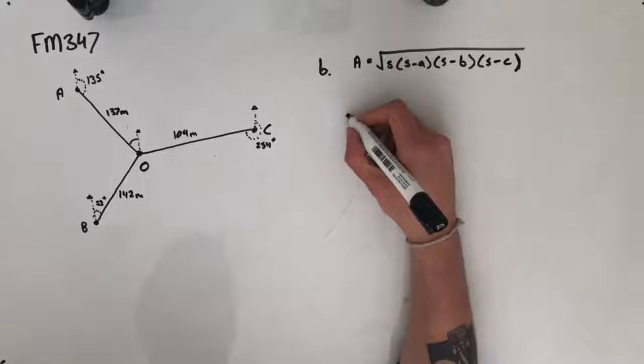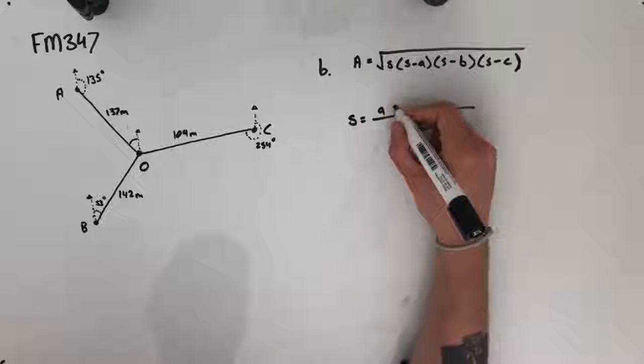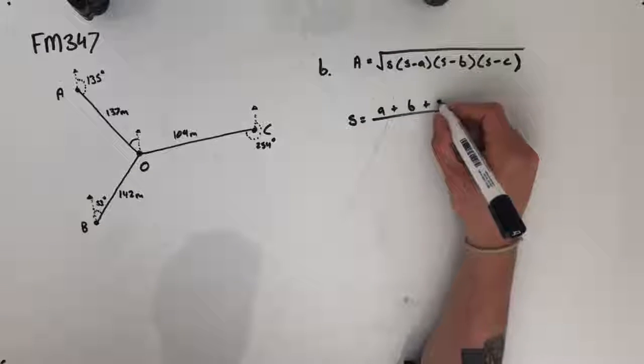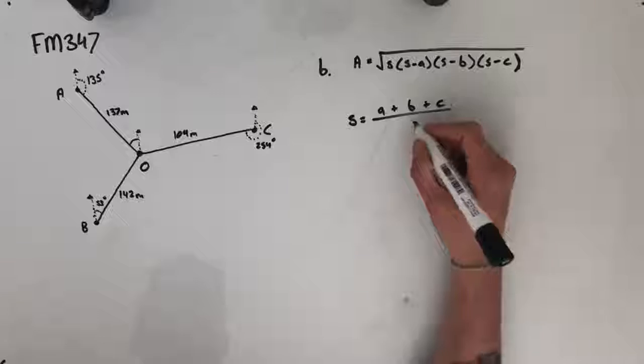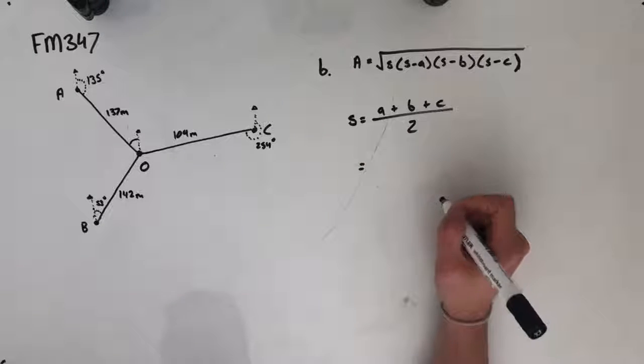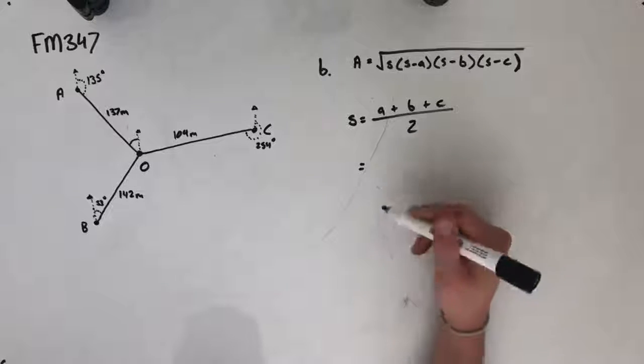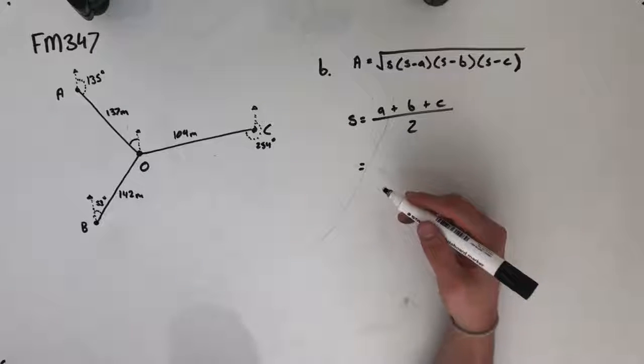So the first and trickiest one is s, because s is equal to a plus b plus c all over 2. Now a, b and c are simply going to be the 3 side lengths that we proved before.